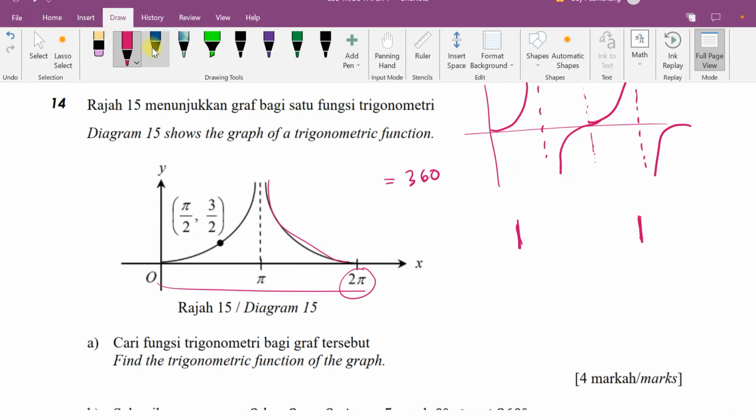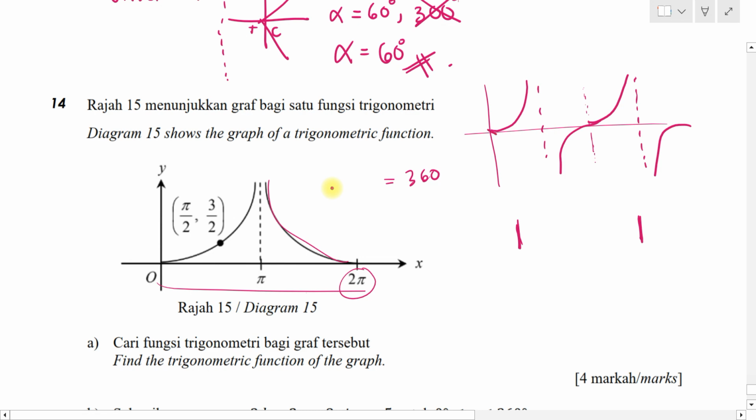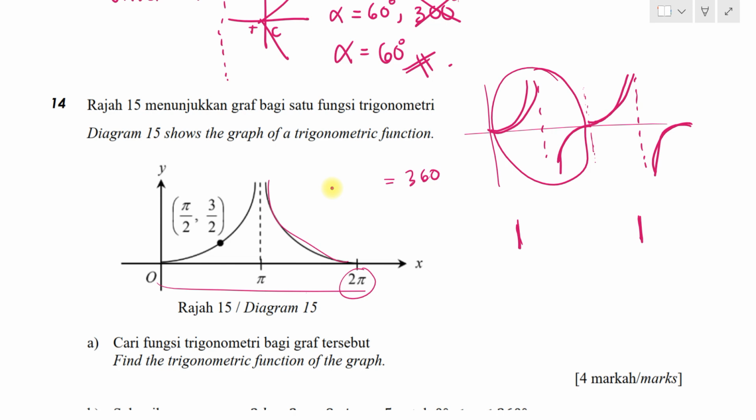This is your tangent graph. You draw like this, like this, and this, then we count one cycle. So if you draw like this, it is half a cycle. First two only, right? Half a cycle. So it must be tangent of 1 over 2 x.